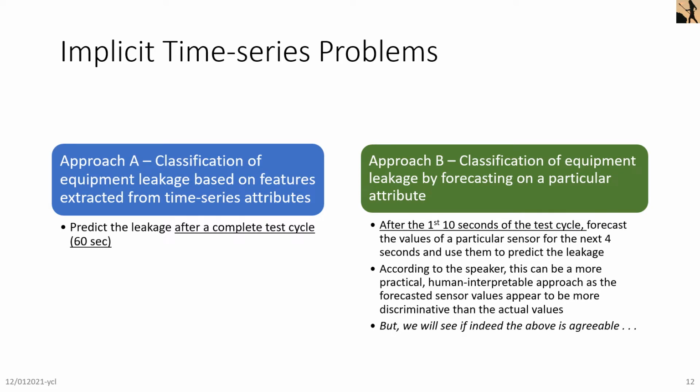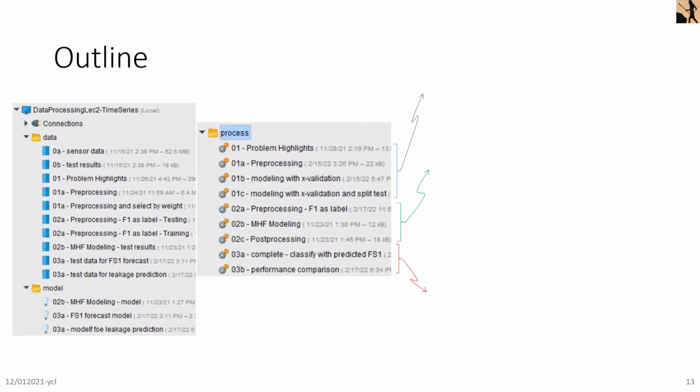It will be interesting to see the trade-off between the two approaches while learning how to build up the RapidMiner process. So this is the repository we used in our hands-on workshop. We will go through the process for these two approaches.